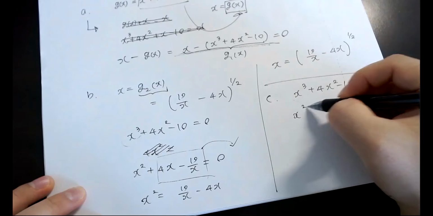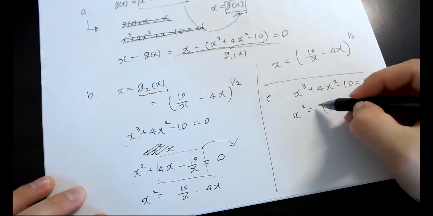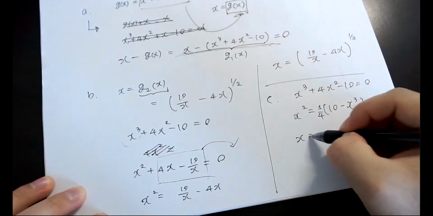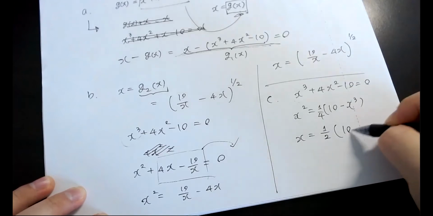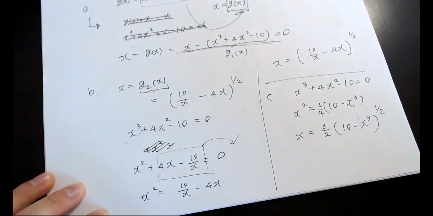So x squared is equal to 1/4 times 10 minus x cubed. Then x is equal to, so we drop the negative sign, okay? So 1/2 times 10 minus x cubed to the 1/2. Okay, C. And then D.